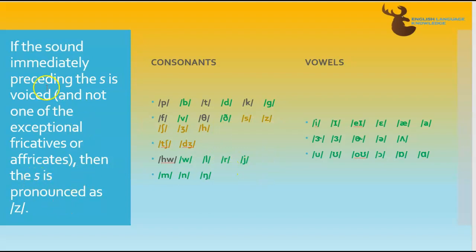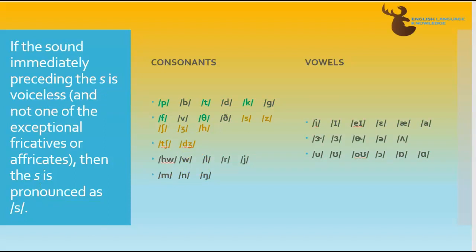Then if the sound immediately preceding the S again is voiced, then the S is pronounced as Z. Okay? So in other words, all these sounds that we see in green, okay, when we find them before the letter S at the end of a word, then that letter S is going to be pronounced as Z.